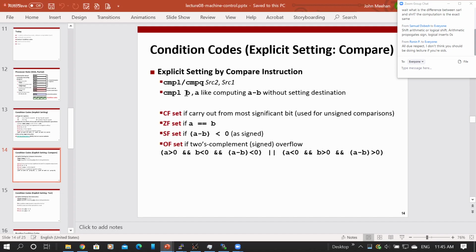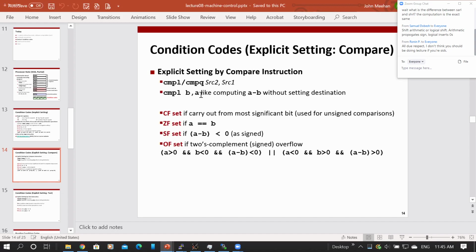We just want the effect of, if you did that, what condition code bits would get set. So compare is like subtract the first operand from the second. And so that's why they're writing that backwards there, right? So you have to remember that. It's always tricky. The thing on the left gets subtracted from the thing on the right.